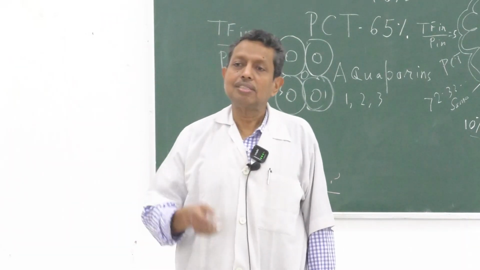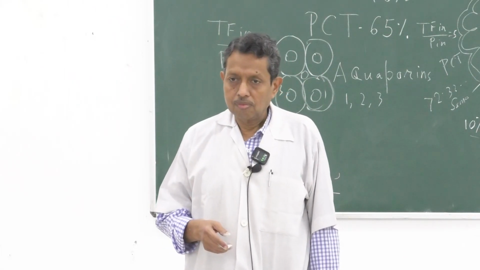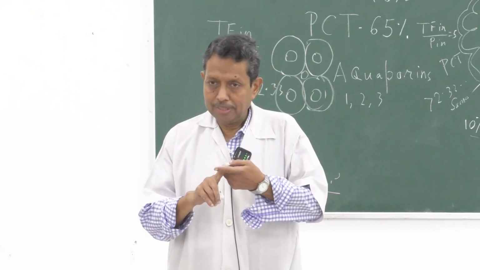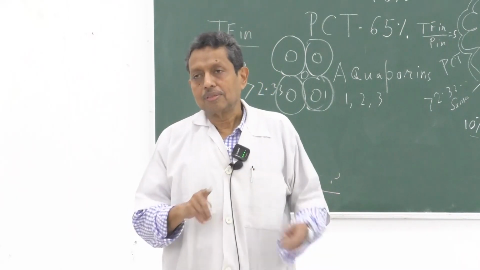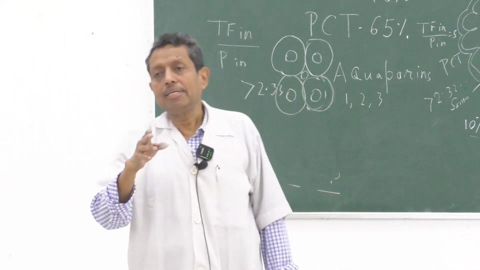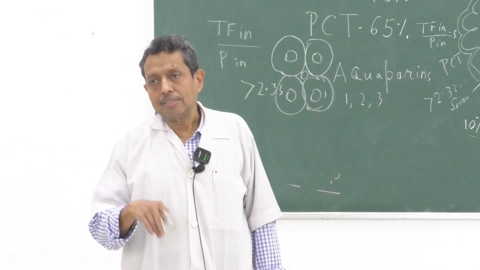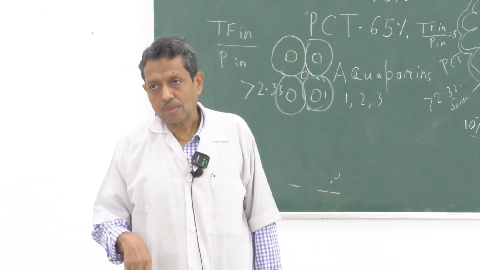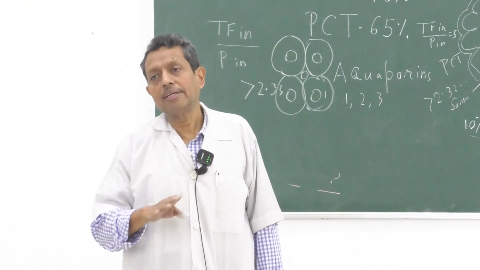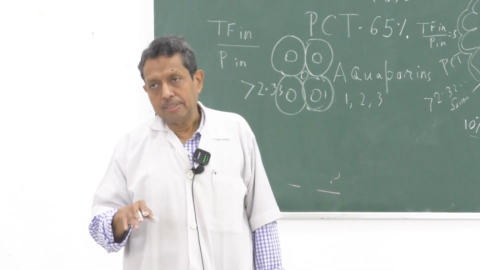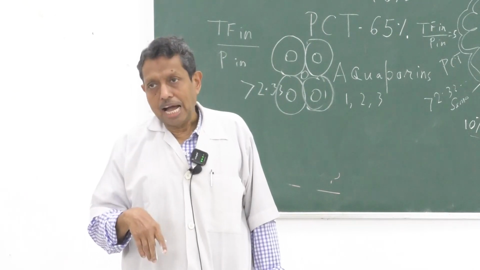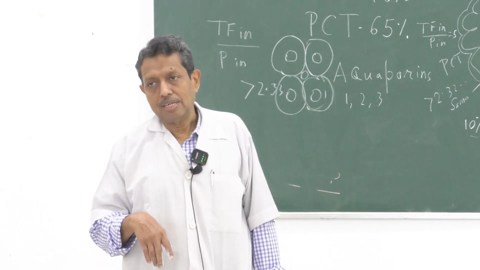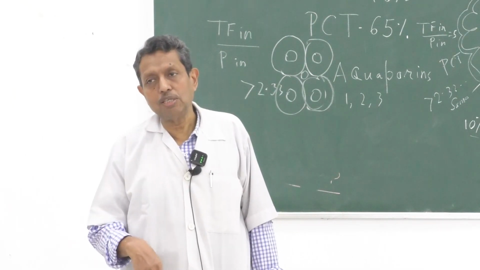The filtered load remains constant. There may be change in the GFR, but this GFR multiplied by the plasma value, filtered load remains constant in this position, because we are considering that the GFR is remaining constant, but it can be concentrated or diluted, and whenever there is maximum concentration, this ratio is 300, and tubular fluid concentration is equivalent to that of the urine concentration.